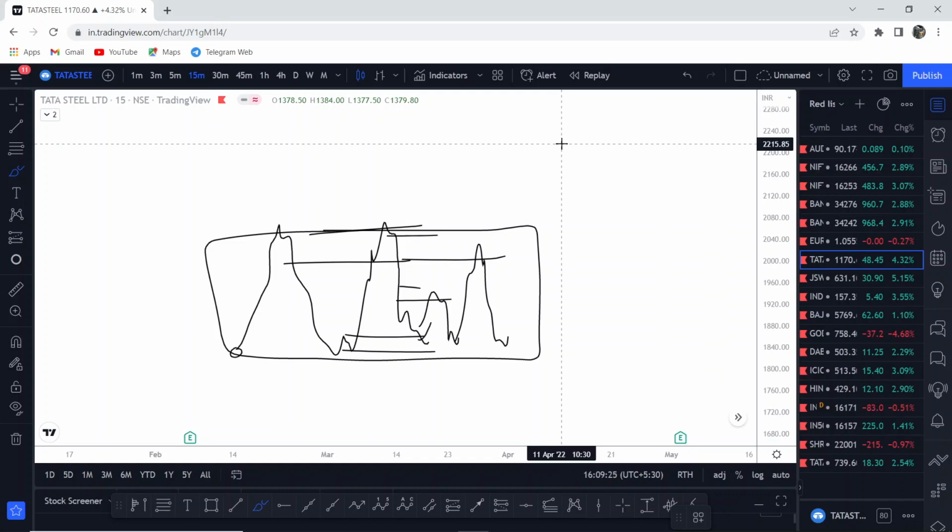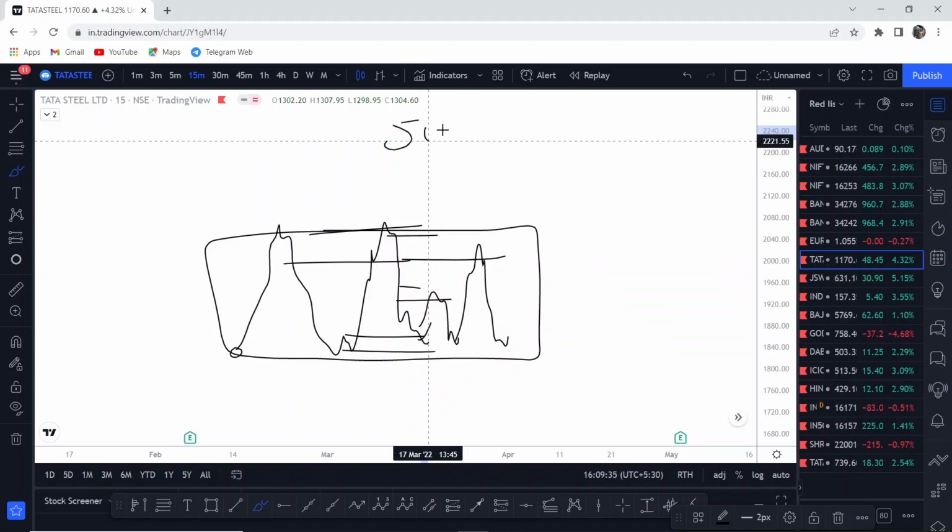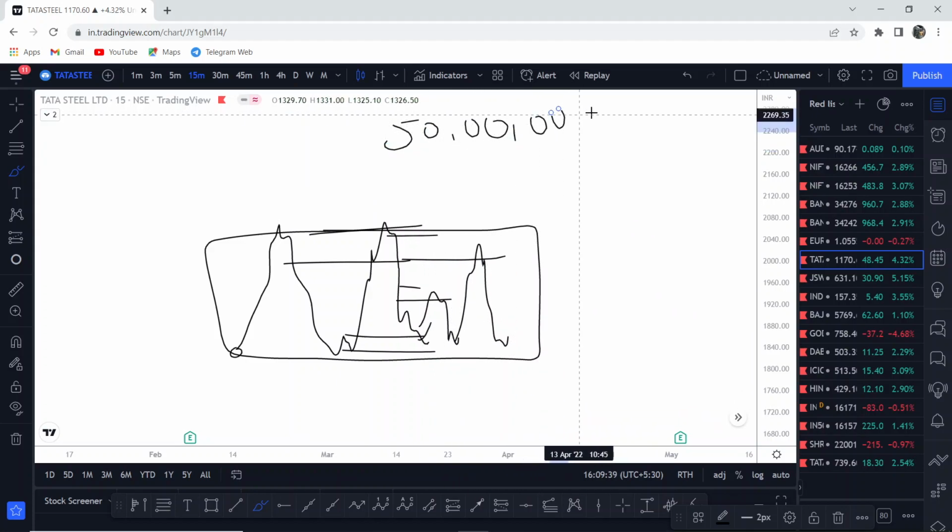Now why do we see this? Why does this particular demand zone provide support to the prices? Let's say there's some institution and they want to execute 50 lakh orders. They have to accumulate.